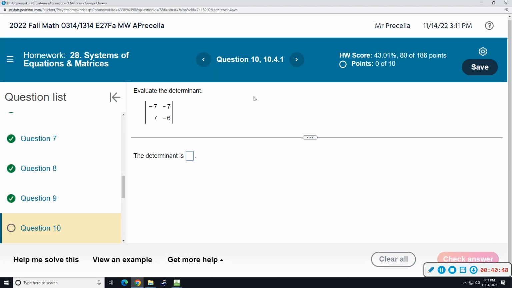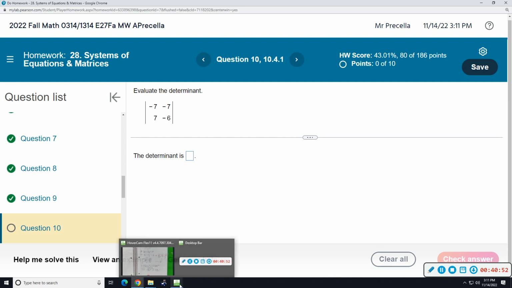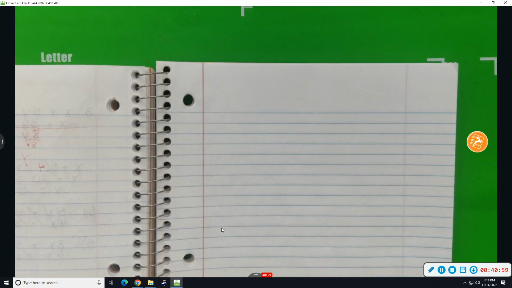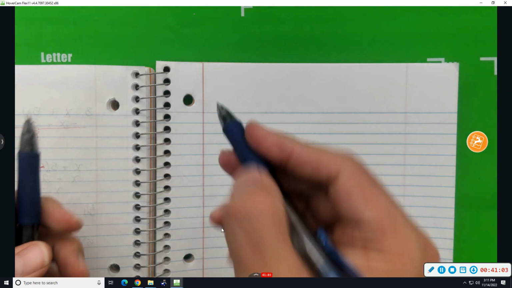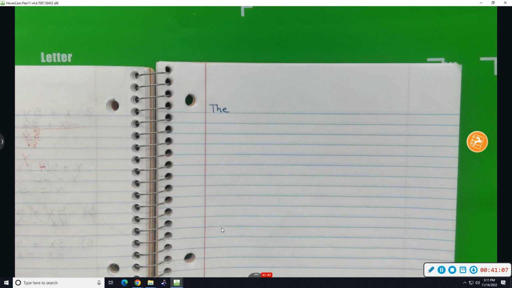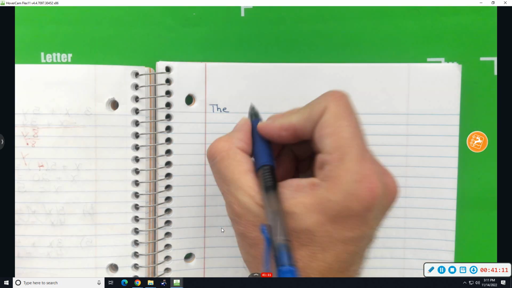Oh, well, I need to define what the heck a determinant is. A determinant is a way of assigning a numeric value to a square matrix. We're going to look at matrices that have 2 rows and 2 columns and 2 rows with 3 columns.